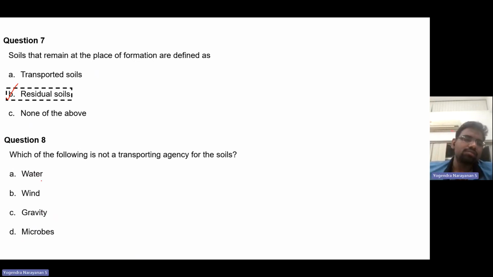Each transporting agency, and the soils being transported by these agencies, have different properties, based on which the soil behaves under external loading.